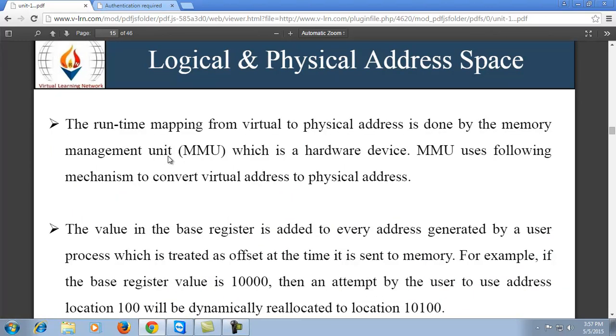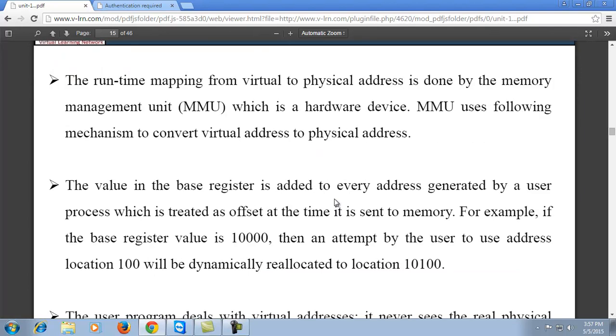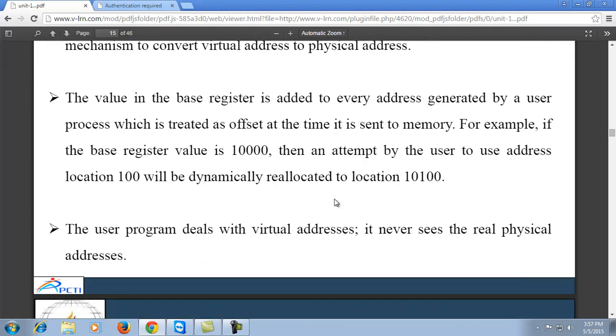The runtime mapping from virtual to physical address is done by the memory management unit, or MMU, which is a hardware device. The MMU uses the following mechanism to convert a virtual address to a physical address. The value in the base register is added to every address generated by a user process, which is treated as an offset. You can say an offset is a kind of index which links to the storage space at the time it is sent to memory.